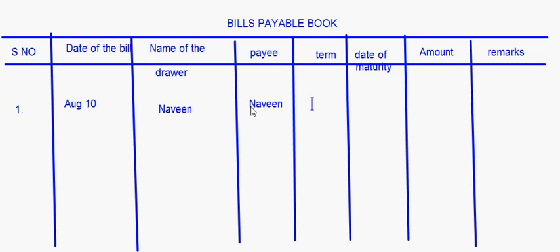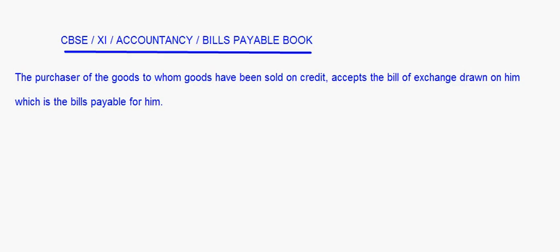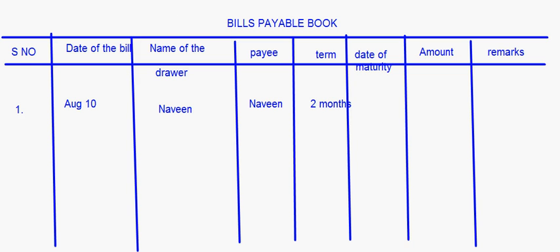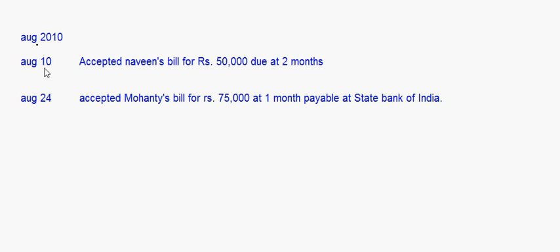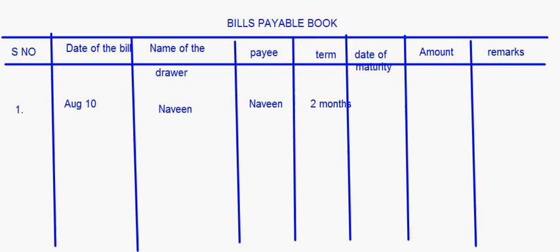The term of the bill is 2 months. August 10th, 2 months means September 10th, October 10th, and then 11, 12, 13, so it is 13th October. Date of maturity is 13th October. Amount is 50,000.